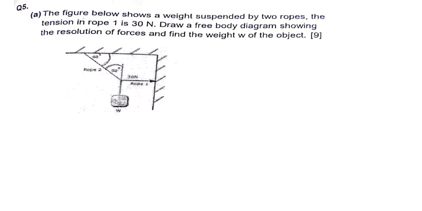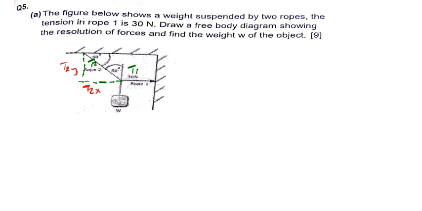So I'll call this one as T1 and this one as T2, of which I know that to resolve this is going to have the x component and the y component, of which the x component is going to be T2x, the y component will be T2y.